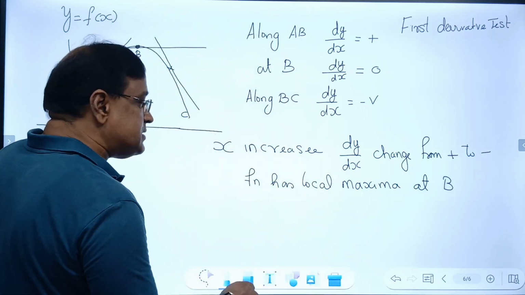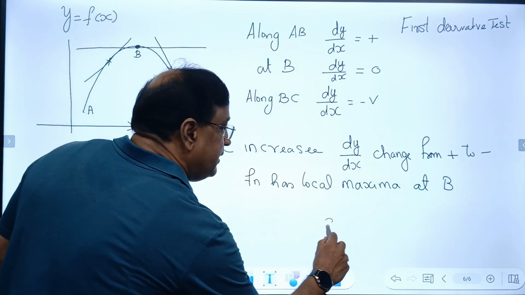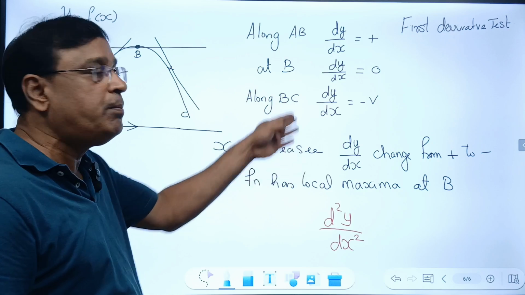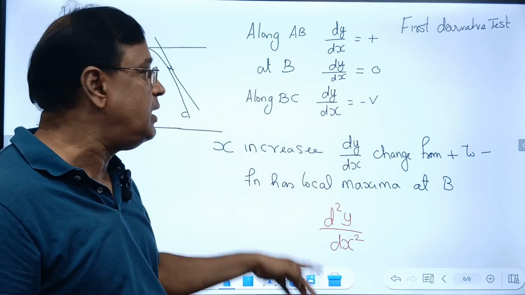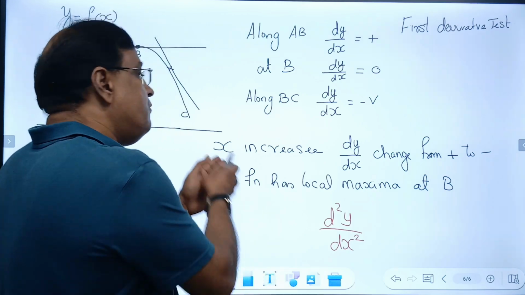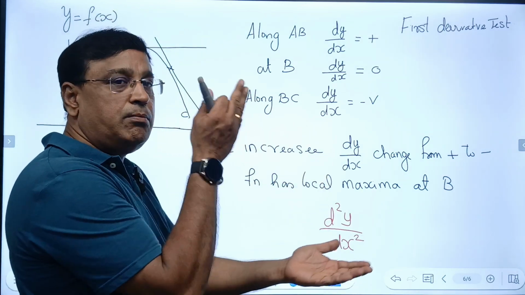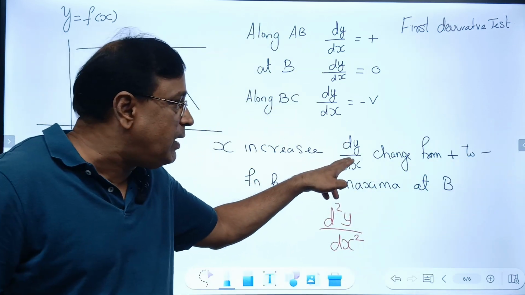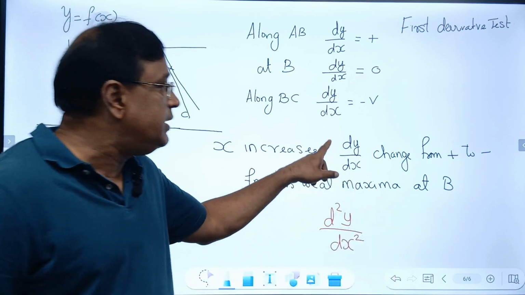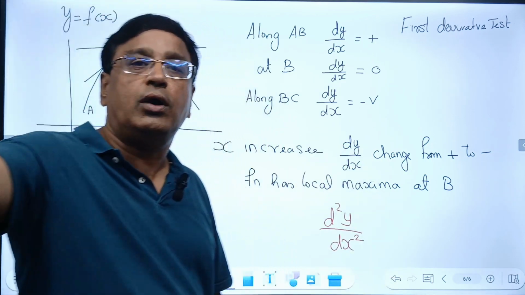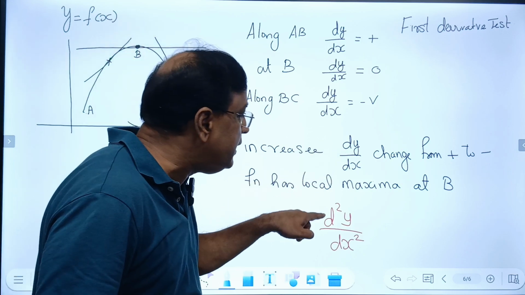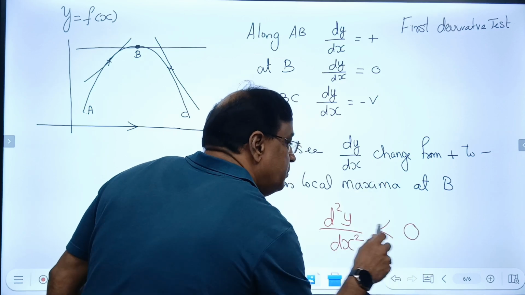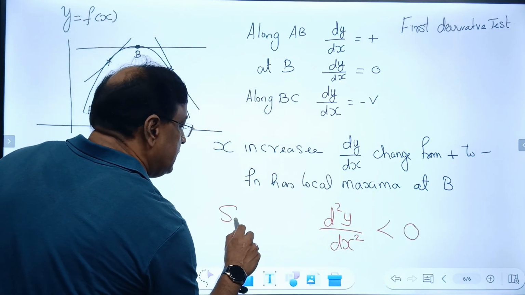So the slope of dy by dx, which is d square y by dx square, will be negative, because for a decreasing function the derivative is negative. So this is called the second derivative test.